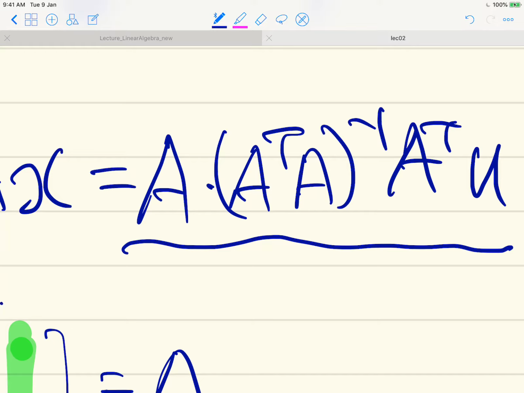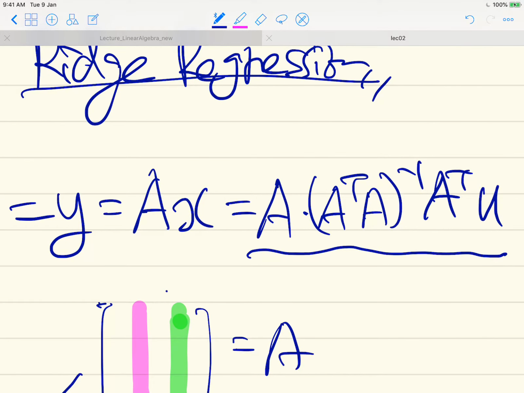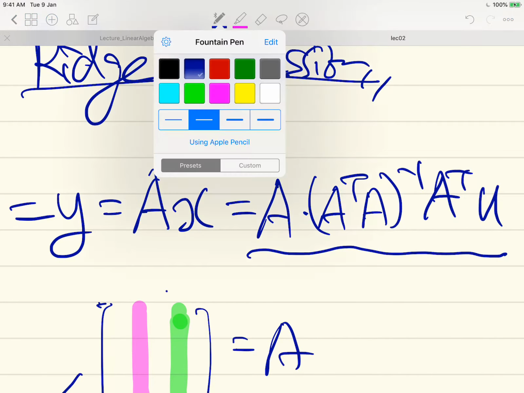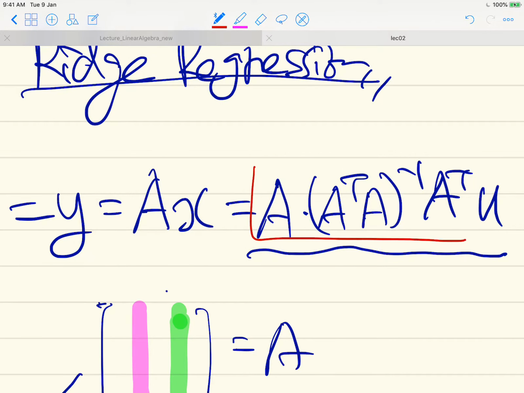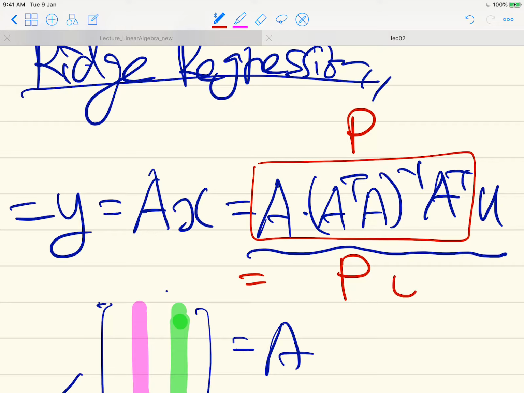Okay. So at a high level, let's just call this matrix maybe P, and then it can simply be represented as P times U, right? So this orthogonal projection onto the column space of A is represented as some matrix times a given vector, right?